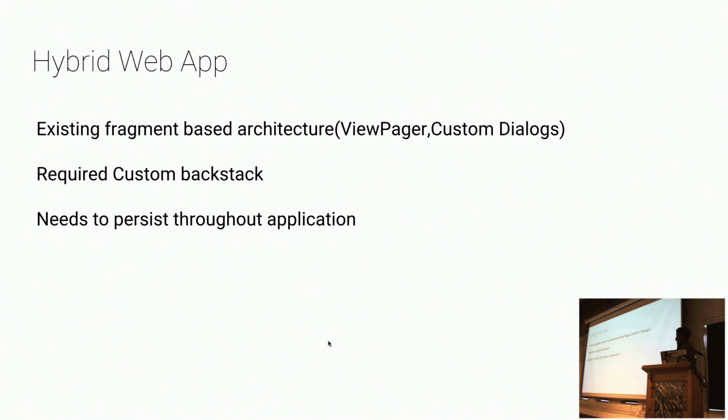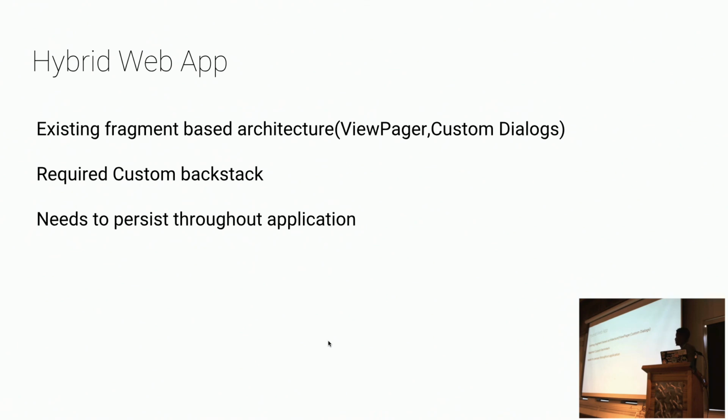This is because at any given time, the user might be required to launch a web view, and we wanted to show it instantly and not have to reinitialize and rerun the JavaScript code. We just wanted it to appear so the user cannot actually tell that we're using a web app.